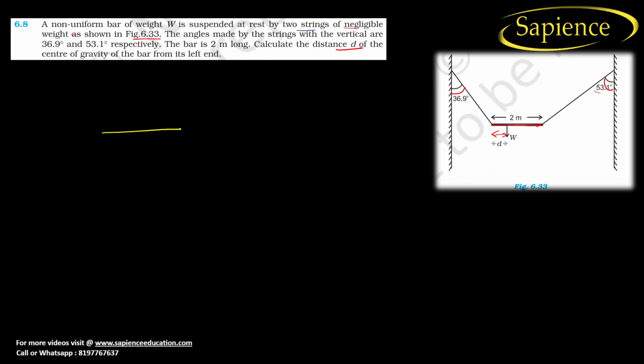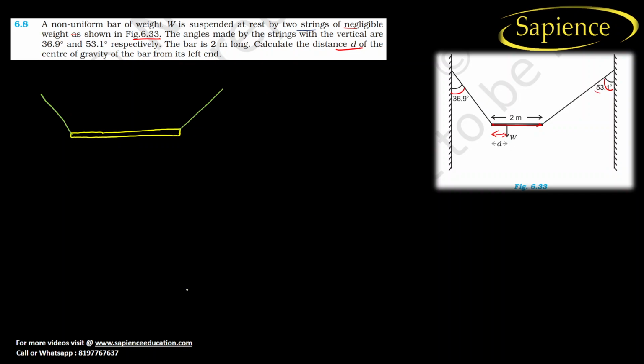So if we draw this rod, we have drawn the rod like this, and it has been suspended by strings. Let us consider one string at this angle, and there is another string with another angle.